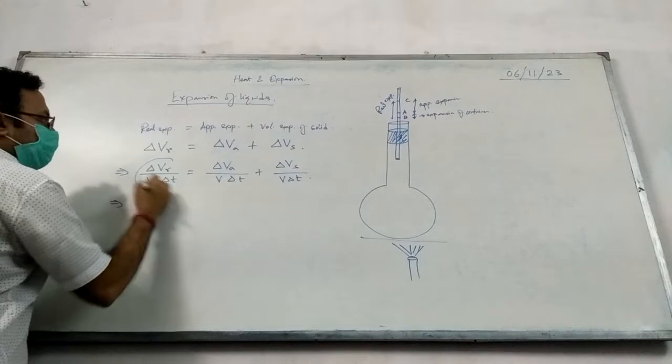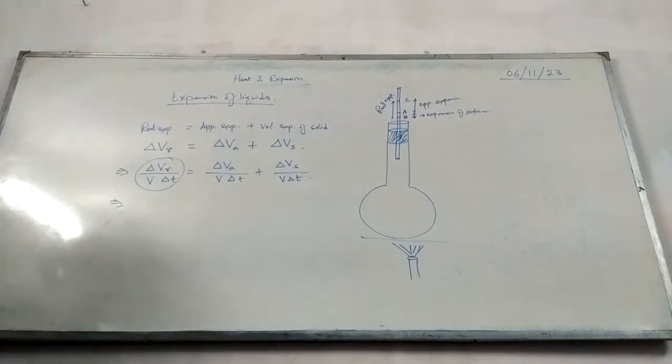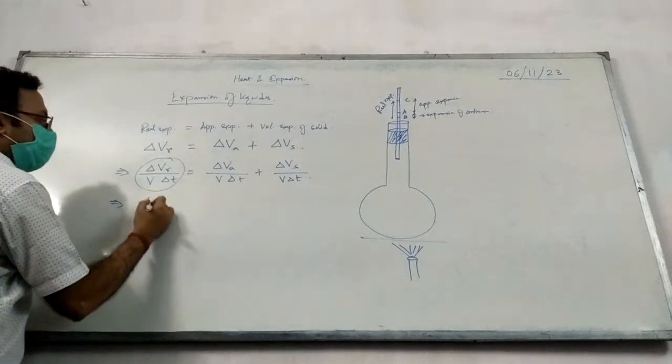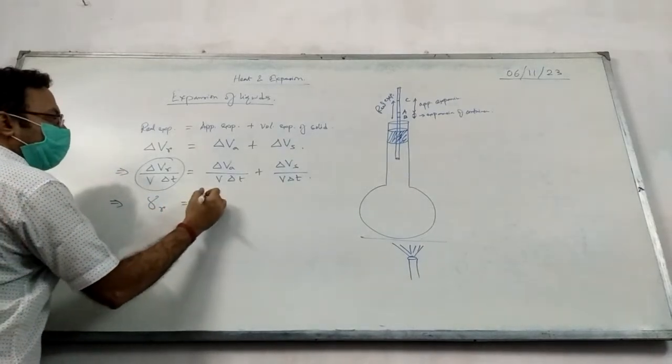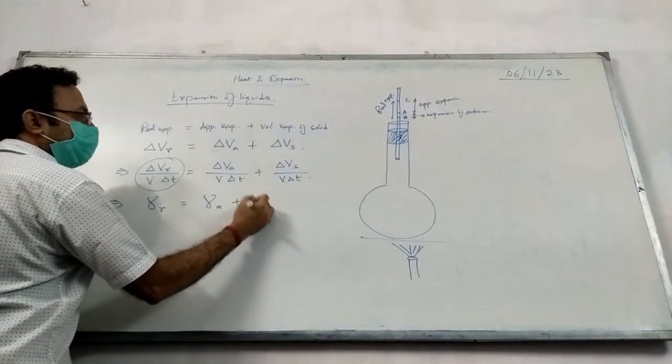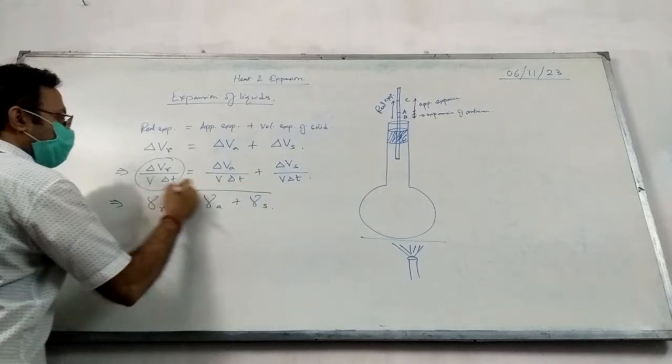Then do you remember what this is? Coefficient of volume expansion, right? This is gamma R, this is gamma A, and this is gamma for the solid.